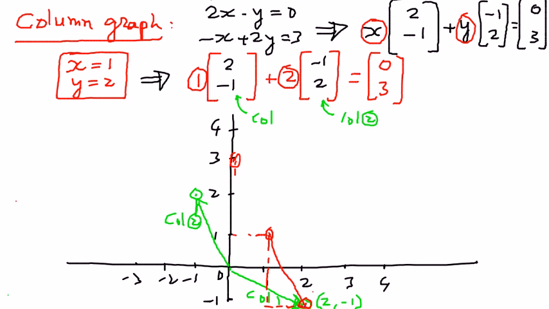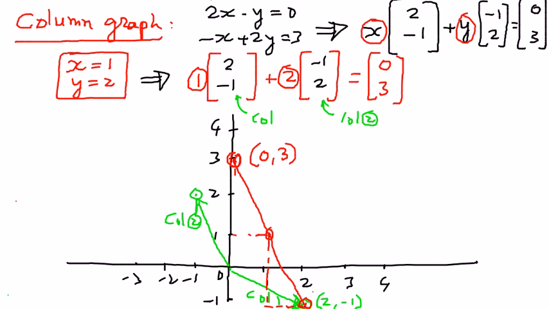From here, if I join this point, this final point should give me the values of the right hand side of the matrix, which is 0, 3. Here x is 0 and y is 3, and that is exactly what we have.